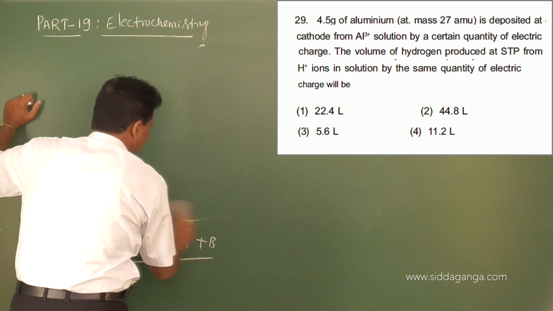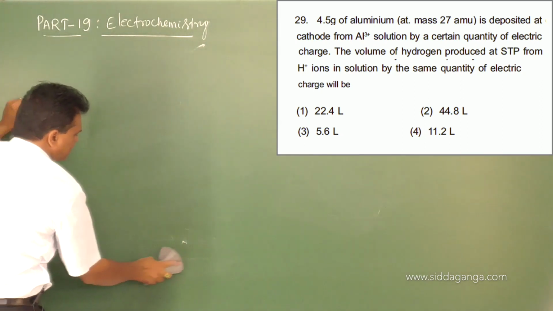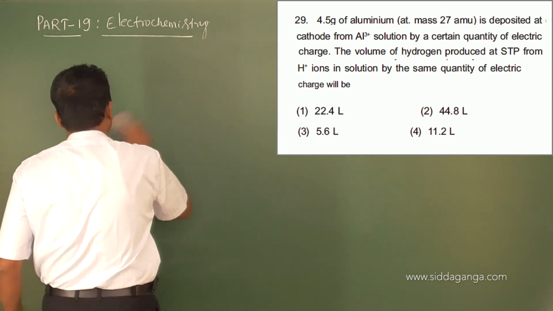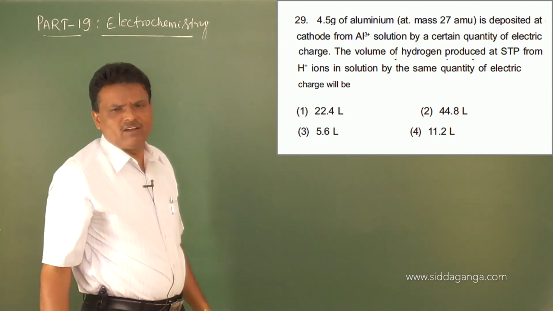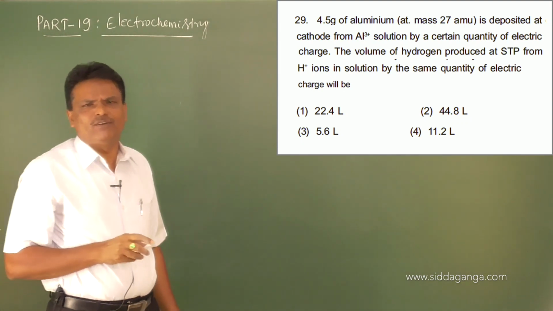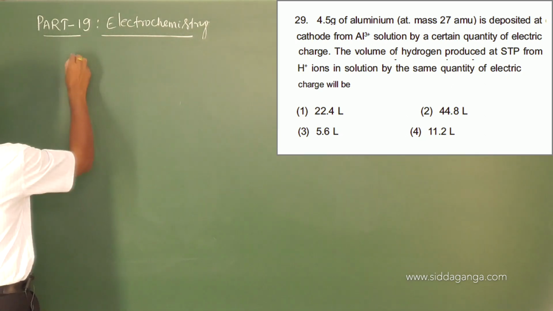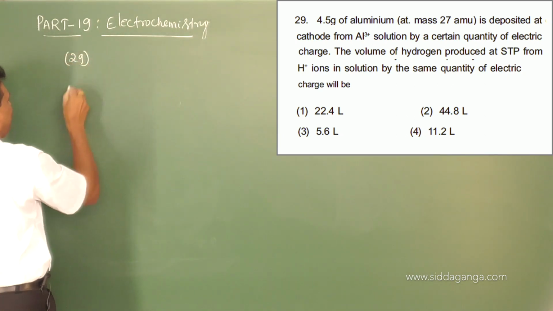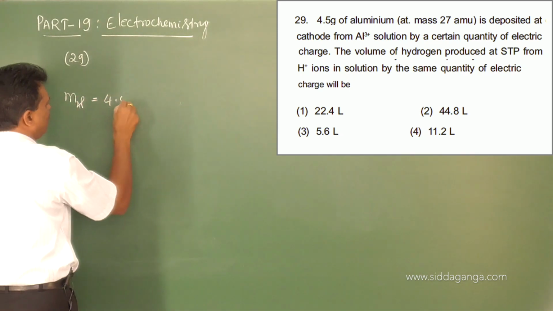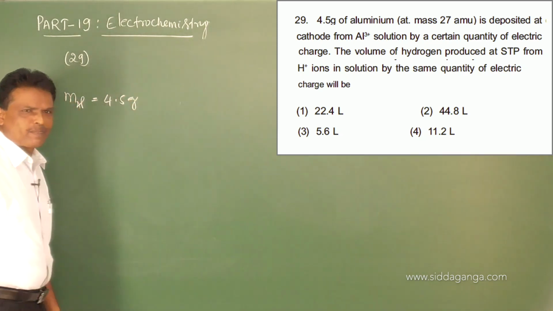This problem is purely based on Faraday's second law of electrolysis. For question number 29, the mass of aluminium deposited is equal to 4.5 gram.